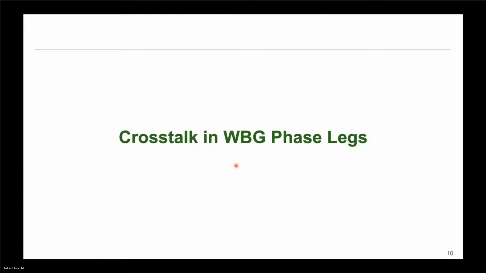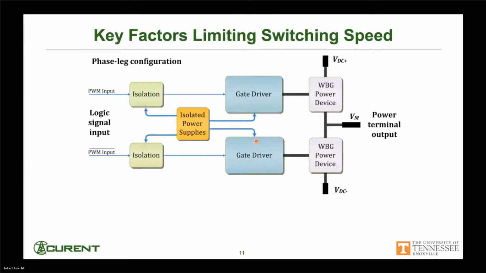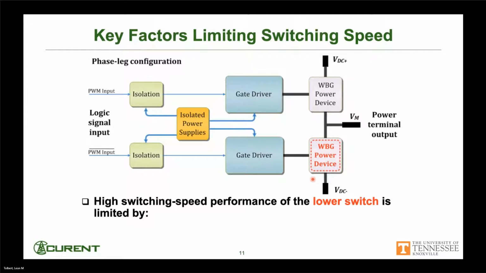One of the things that we worry about in device phase legs, particularly with wide bandgap, is what we refer to as crosstalk. So, the same diagram that I've shown earlier, but we're going to focus in a little bit more on how crosstalk occurs.